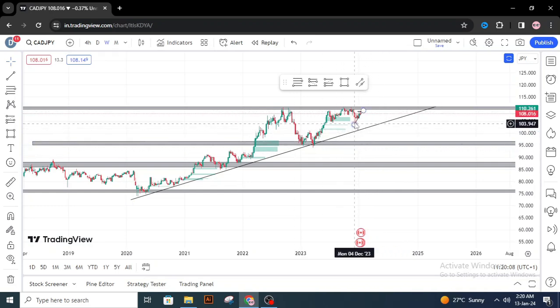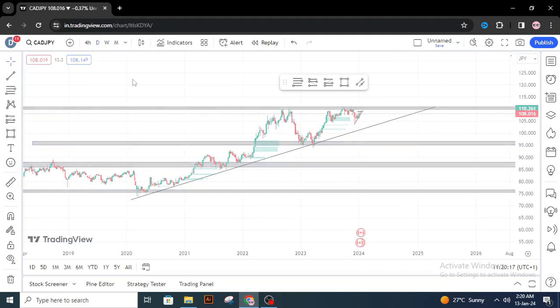But now, if I will take this trade, it is still at a supply zone, and here it is very advisable to sell from this angle. So if you come to daily time frame, look at what happened.